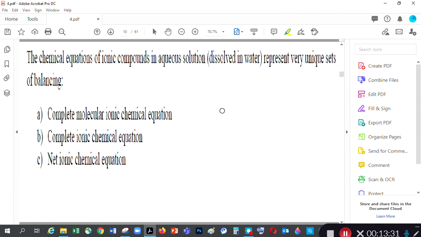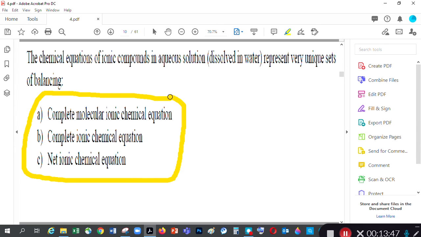Now we'll go for balancing ionic compounds in aqueous solution. Aqueous means dissolved in H2O, and water is the solvent. So we have three types of equations that can be balanced in aqueous solution.